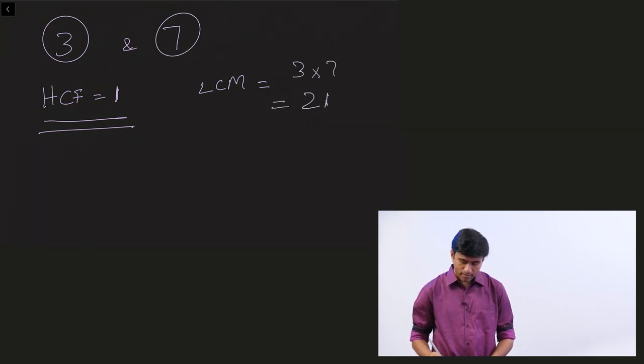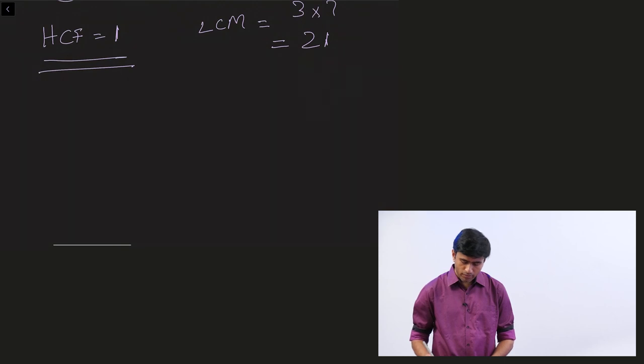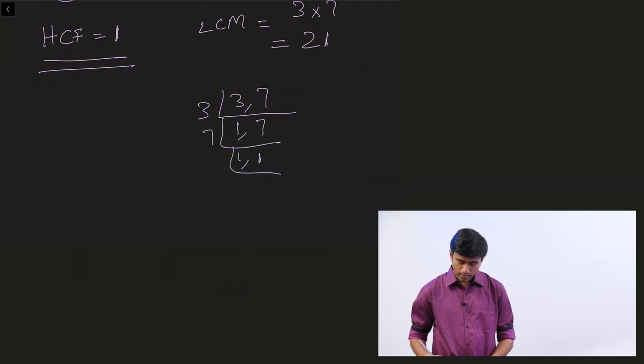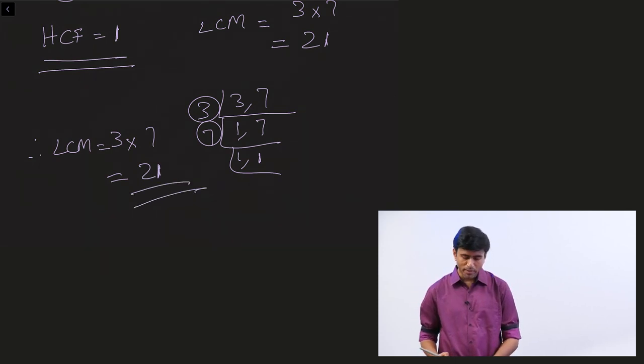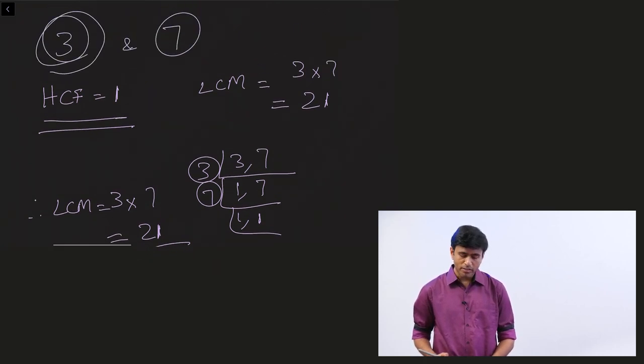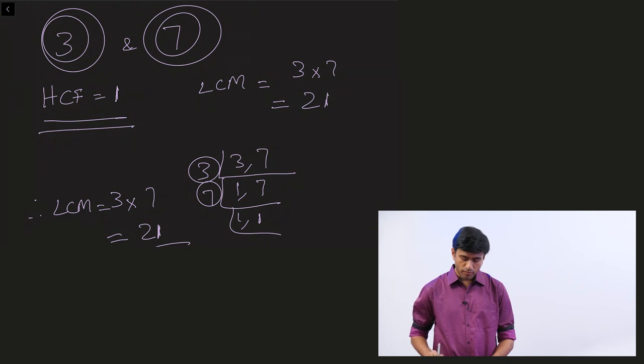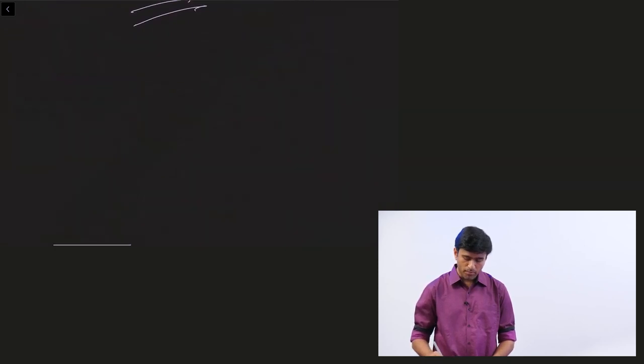Let's check. How do you find the LCM of 3 and 7? 3 1s are 3, 7 is brought down as it is, 7 1s are 7. Therefore LCM is equal to 3 into 7, that is 21. So for coprime numbers where the HCF is 1, the LCM will always be the product of the two numbers.